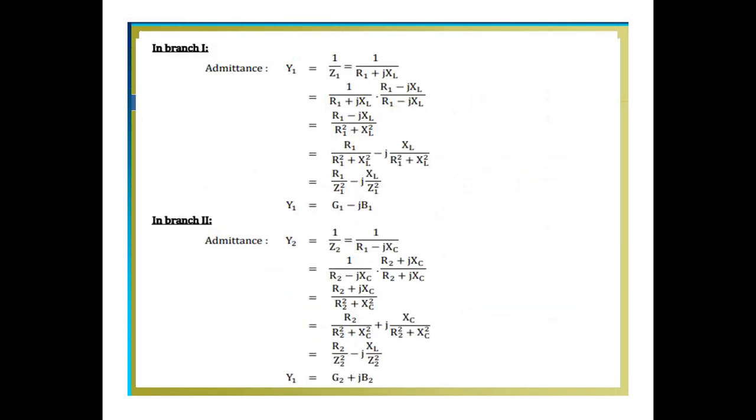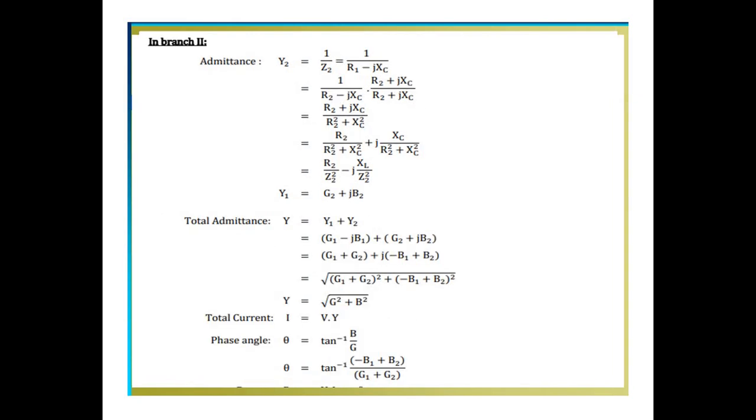Here the branch admittance Y1 is equal to 1 by Z1, which is 1 by R1 plus jX1. Multiplying by the conjugate, Y1 is equal to G1 minus jB1. Then Y2 in the same way, with the conjugate, is equal to G2 plus jB2, and the same for branch 2.